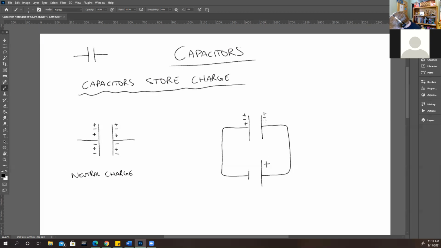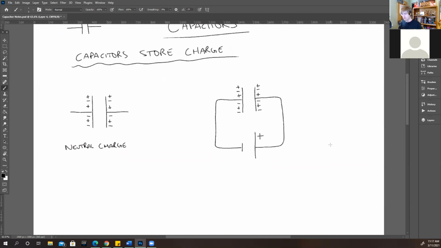What's going to happen to the charges on this capacitor? There's going to be a current, because we've learned previously there's a current from a battery. In the previous labs, I may have said that there's a current flowing out of the positive side this way, and it'll flow through the circuit like that.